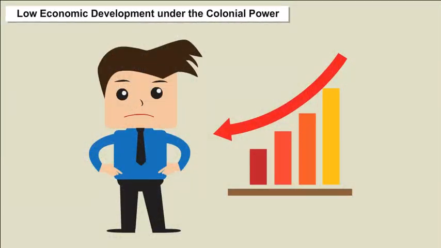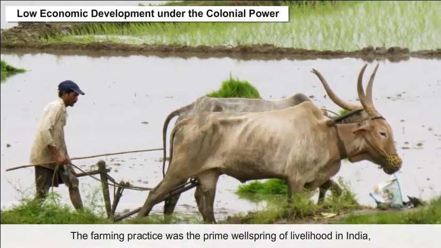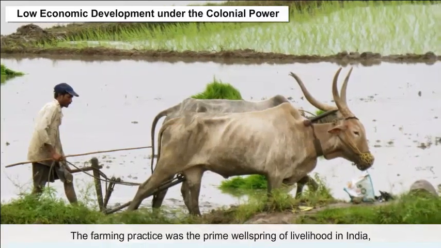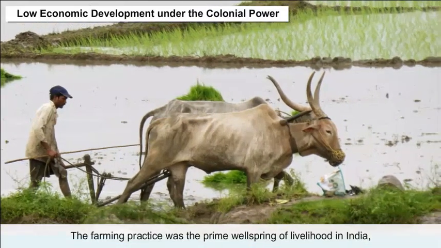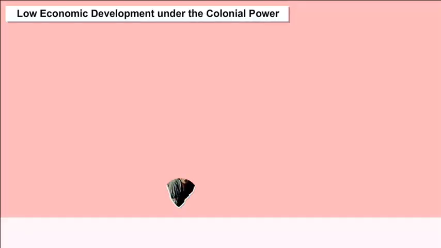Low economic development under the colonial power. India had an independent economy before the advent of the British rule. Farming was the prime wellspring of livelihood in India. However, the nation's economy was also reliant on various manufacturing activities.